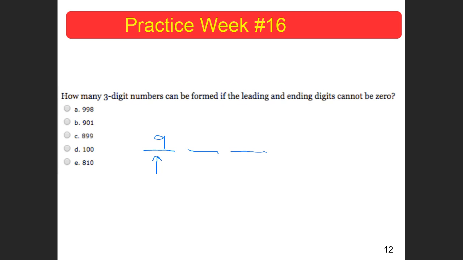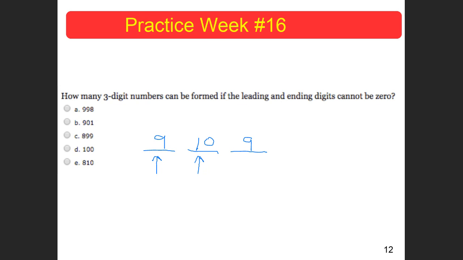Good. How many choices do we have for the second digit? 10. That's exactly right. And then the last digit, just 9, right? Because again, it cannot be a 0.